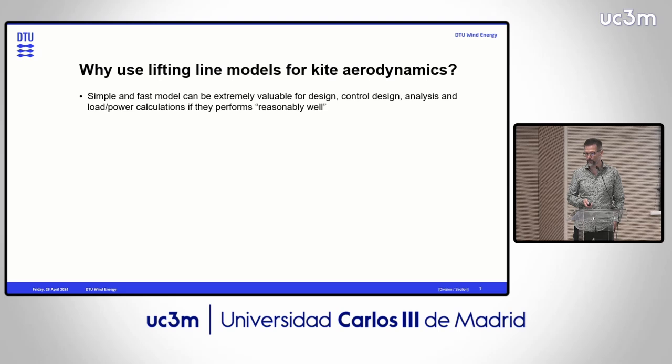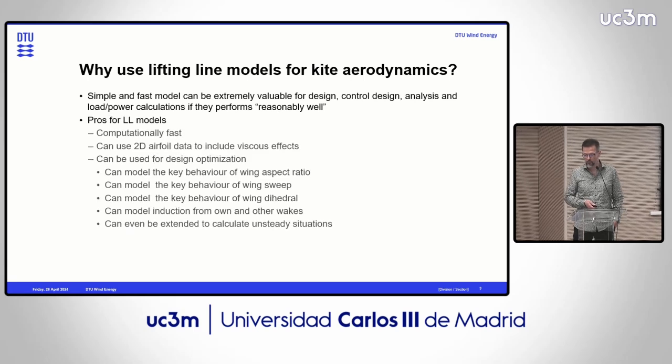A lot of stuff is still done with simple models. So if they perform reasonably well, they will be used a lot. So the pros are it's fast. You split the problem into a 3D and a 2D problem, and the 2D problem you can calculate with a fancier method or use 2D airfoil data from tunnels. And then you can use it for optimization.